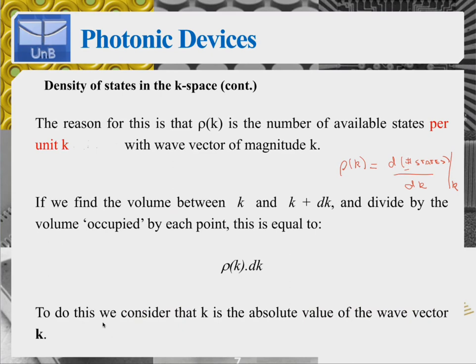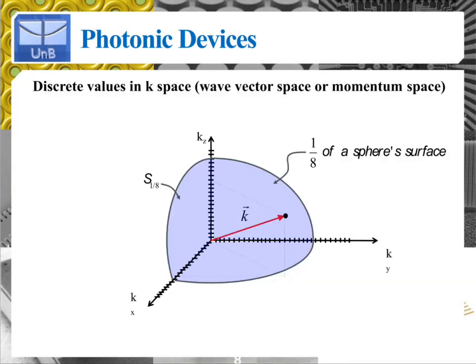To do this, we're going to consider that K, without the bold type here, is the absolute value of the wave vector K. We could denote this in this way, but we're considering the magnitude of the wave vector K. So perhaps it's easier to look at this in the K space, the wave vector space. Where are the points that have wave vector with magnitude equal to K located in this space?